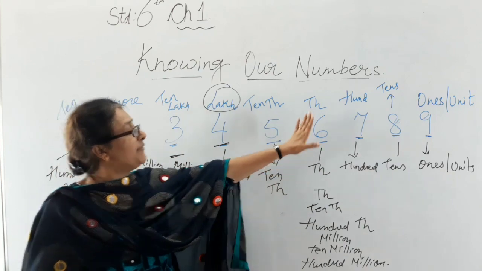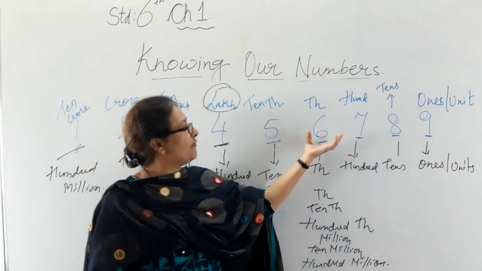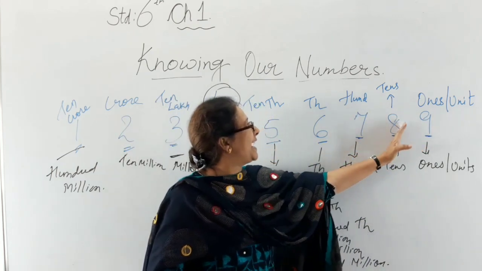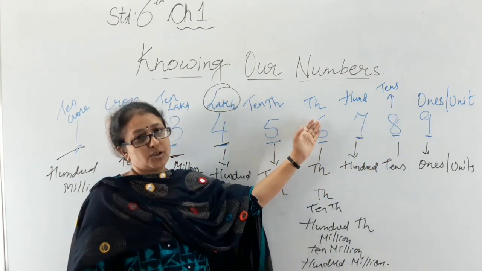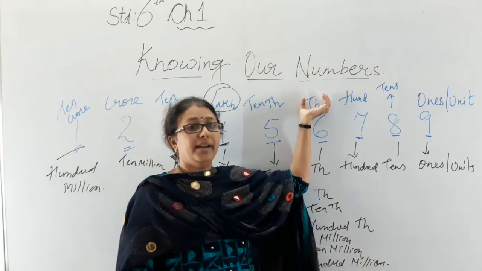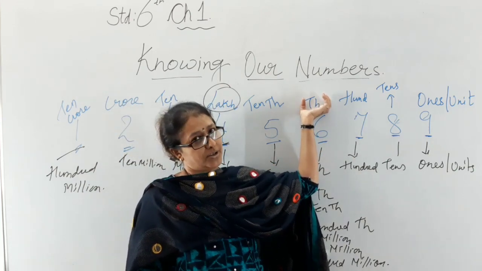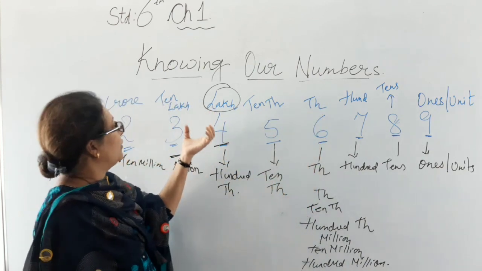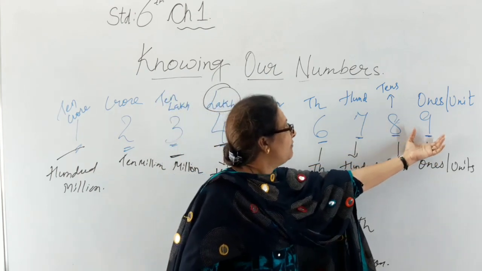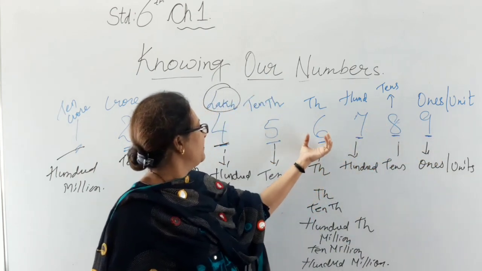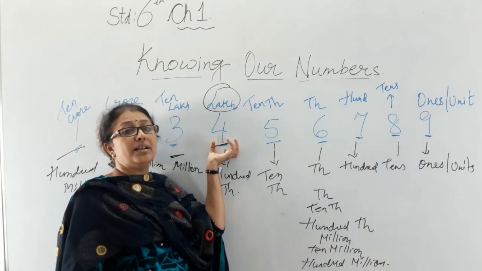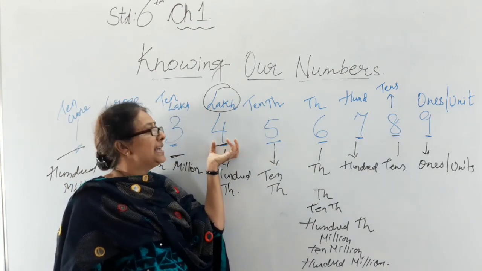Now, if I want to find out the place value of 6, then I'll move from ones, tens, hundreds, thousand. So 6 is in the place of 1,000, in the Indian system also, international system also. But if I want to find out the place of 4, then if I move from left to right, ones, tens, 100, 1,000, 10,000 and then it is 100,000 in the international system.